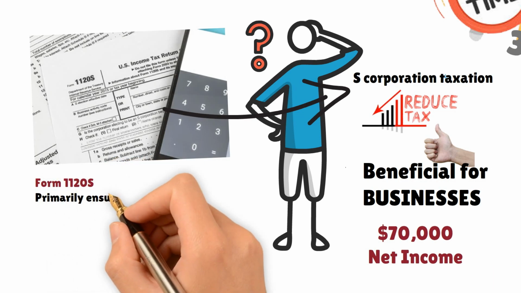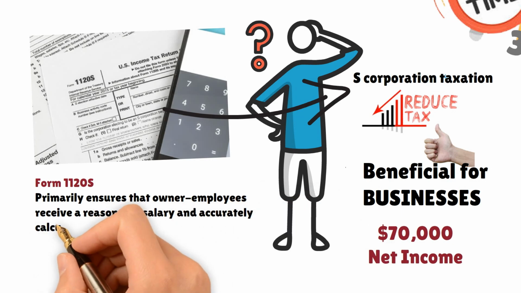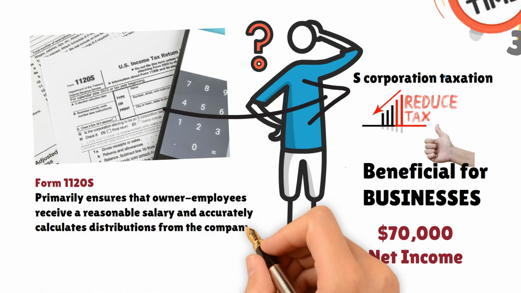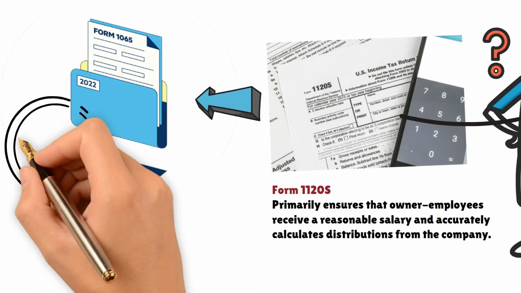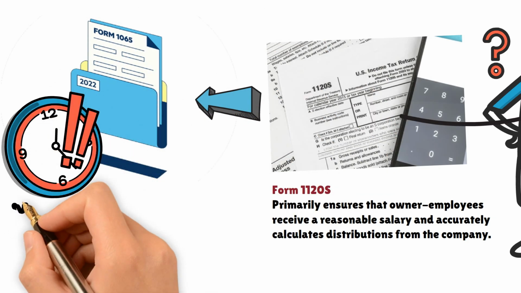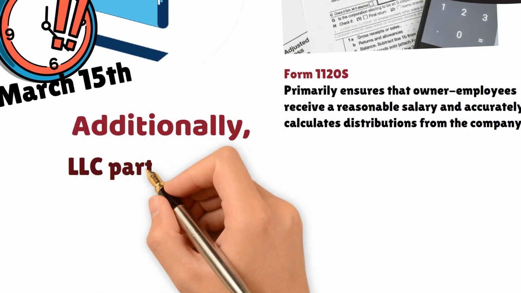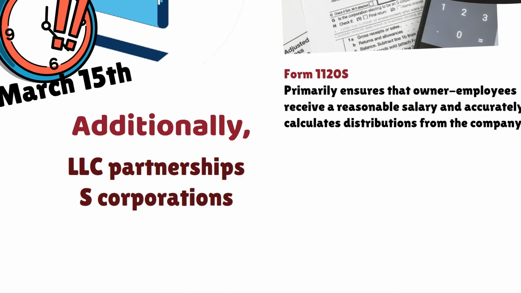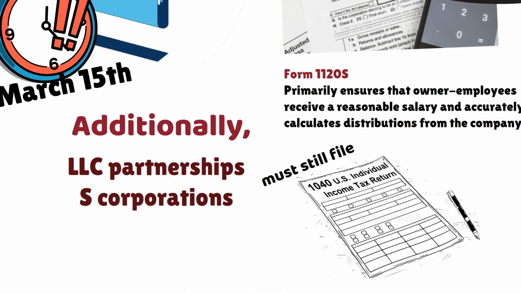Form 1120S primarily ensures that owner-employees receive a reasonable salary and accurately calculates distributions from the company. Like Form 1065, this tax return is due by the business tax deadline, usually March 15th. Additionally, LLC partnerships and S-corporations must still file a standard 1040 form for individual tax purposes.